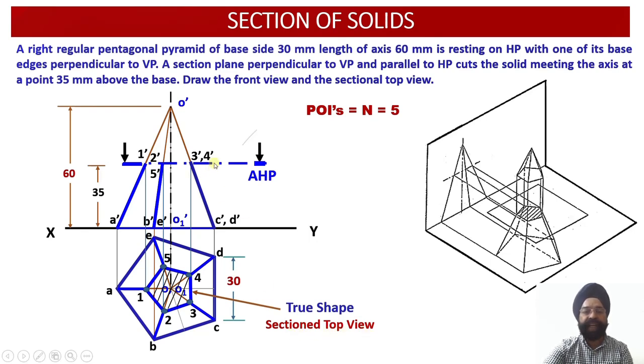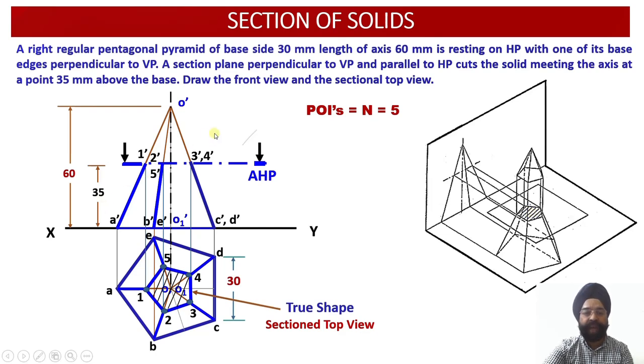But since my cutting plane is parallel to HP, the shape which is obtained in the top view corresponding to the cut section will be my true shape. So there are two names for this. First name is true shape, and the actual technical name is sectioned top view, because this portion has been cut or sectioned. So it is the sectioned top view of this cut section, right?